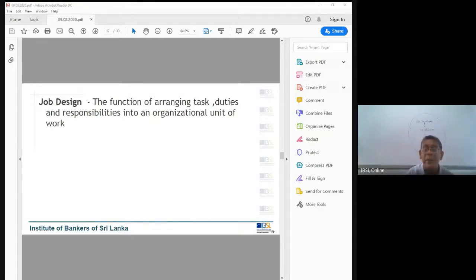Then what is a duty? A duty is a series of tasks. Now you have to do all these things as a banking assistant. Many tasks you need to perform, and then it becomes a duty.